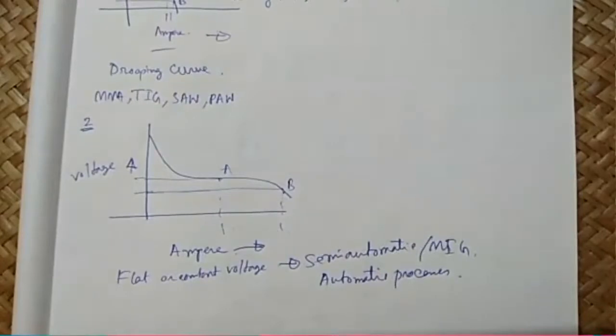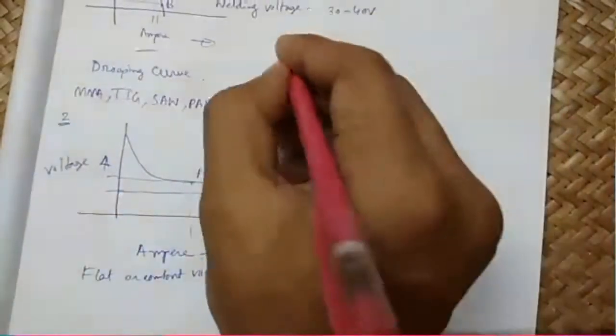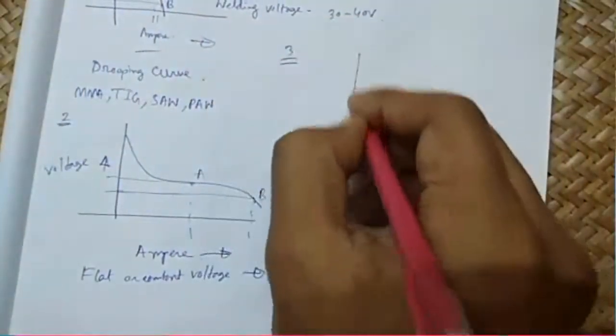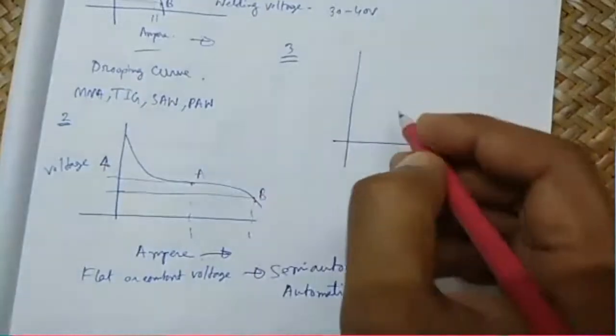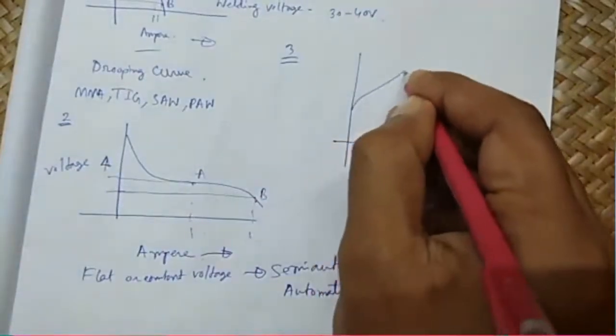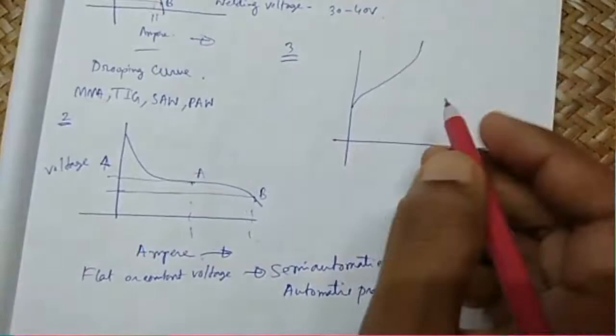Okay, and this rising voltage type, the curve looks like this.